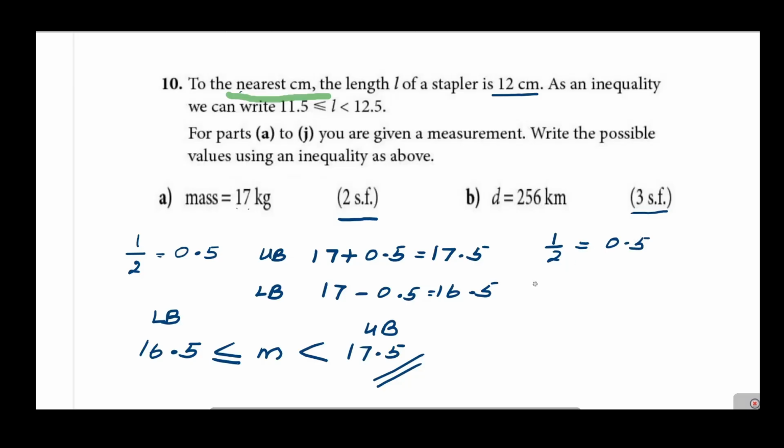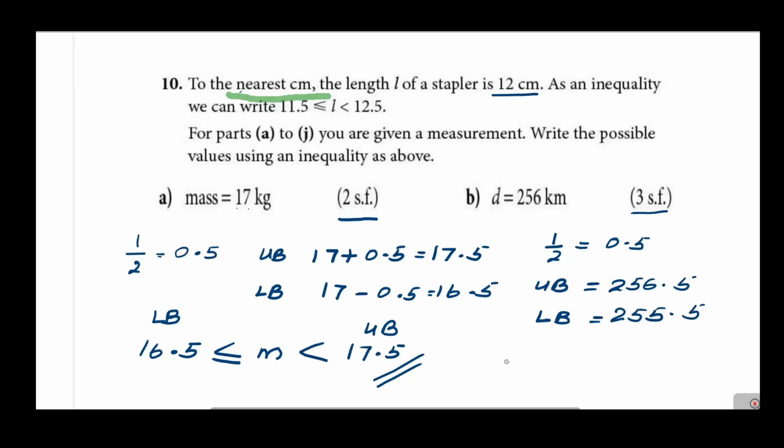Then again you have to get the upper bound. Upper bound becomes 256.5, because we add this much to the measurement. Lower bound, we need to subtract this much from the measurement. It is 255.5. Then you have to write the limits of accuracy as an inequality.